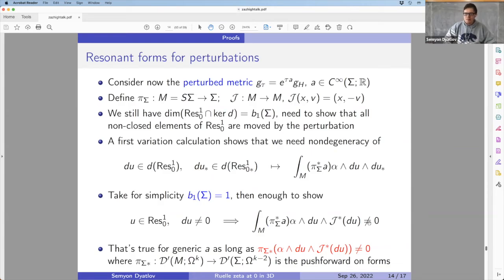But I should caution that we only do it for generic perturbations. I anticipate that there is a finite codimension set of perturbations for which the degree of vanishing would be exactly the same as in the hyperbolic case. Just because if you think of an m by m matrix with entries which depend holomorphically, say, on some parameters, the dimension of the eigenspace at 0 will be stratified, right?